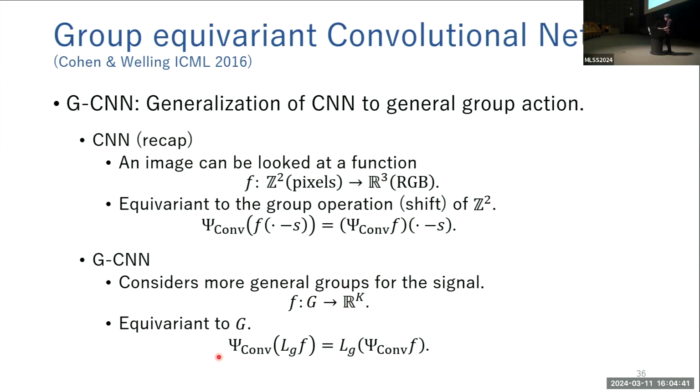And equivariance means that after some group action, the regular representation action, like a rotation and a shift, the convolution after taking the group action is equal to the group action after the convolution.